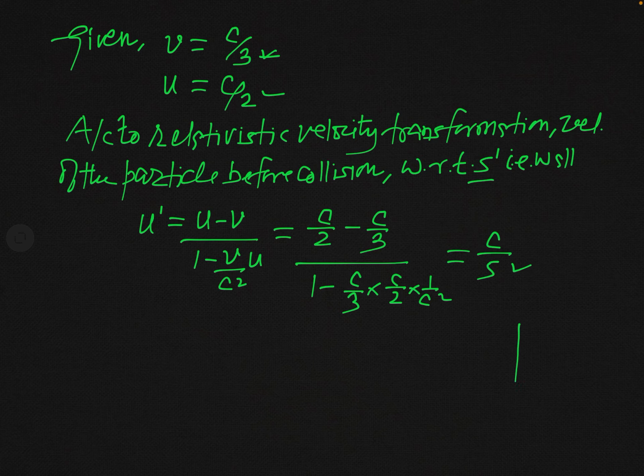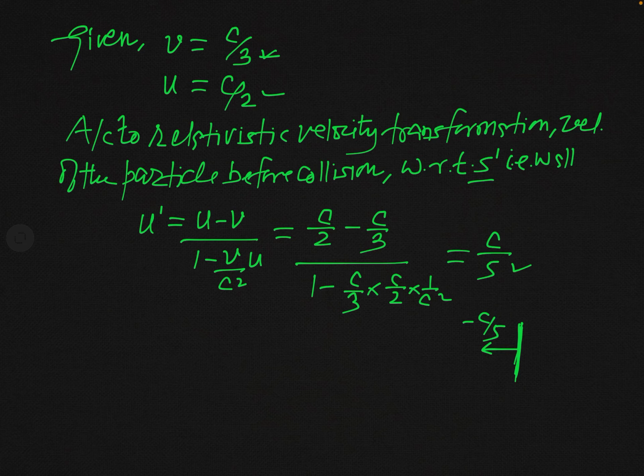The particle suffers an elastic collision. So in this frame, when we take this wall as a frame, the particle will rebound with a velocity minus c by 5. When you say minus, it means its direction will be just reversed. So this will be minus c by 5.